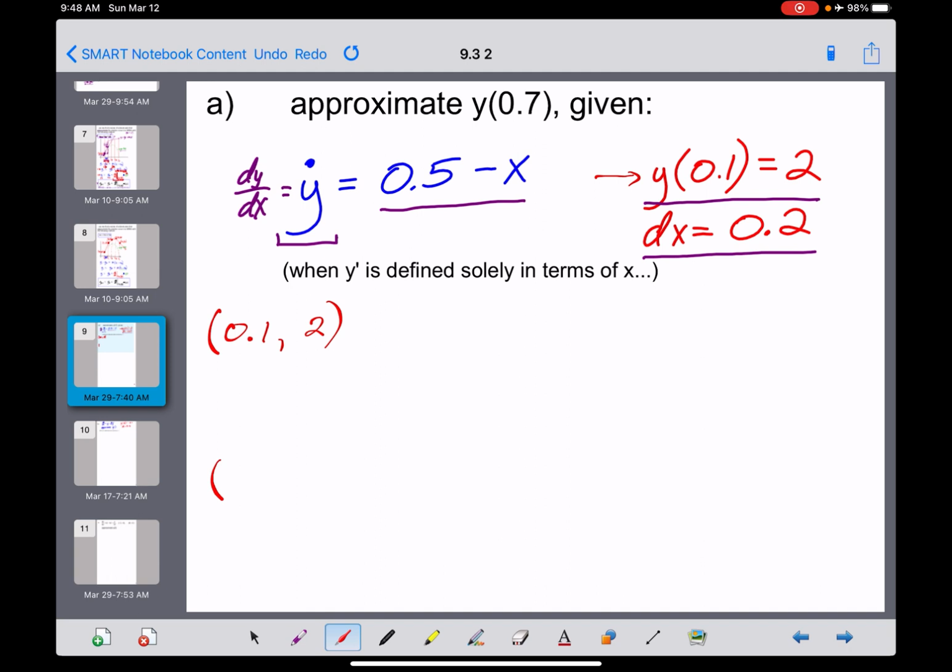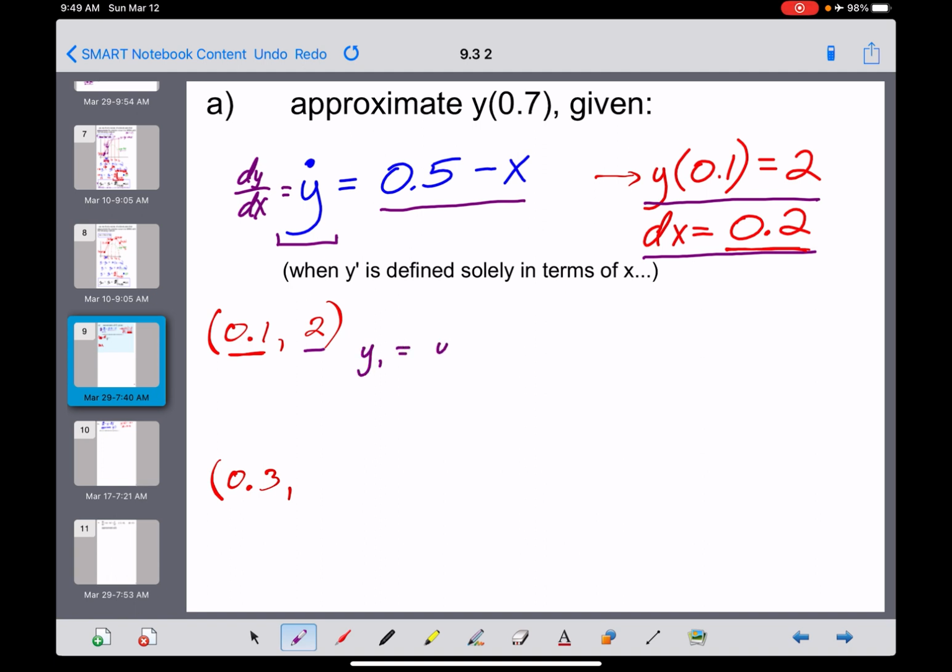You take your previous x value, which was 0.1, and then this is what that value changes by. So we're going to add 0.2 to the 0.1 and get 0.3. Now the much harder part is going to be figuring out what that next y value is. So I'm going to use that formula that we wrote down just a second ago, guys. This one right here was y naught. We're trying to find y1.